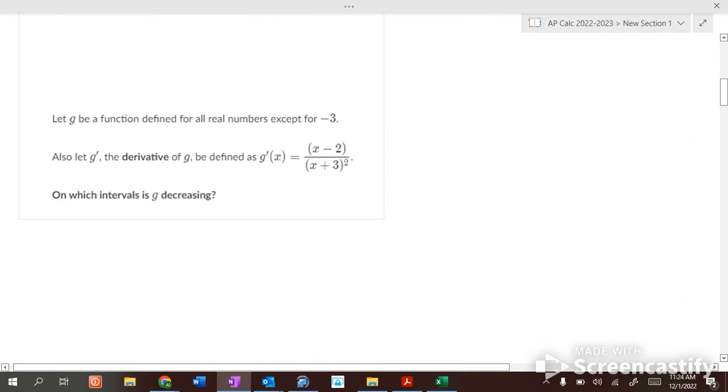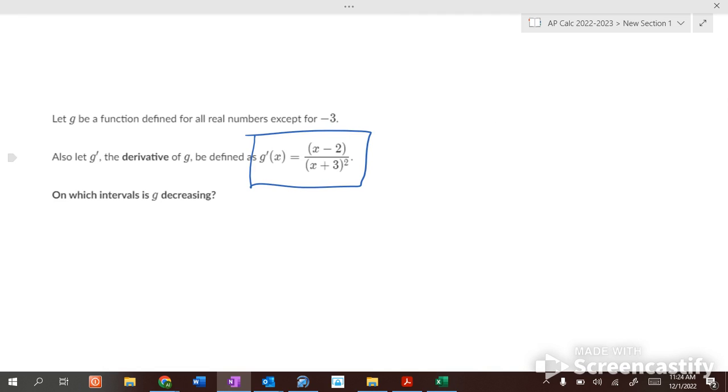And let's see what this one is. They already give us the first derivative. Where are the critical numbers at? If we set this equal to 0, multiply both sides by x plus 3 squared, x minus 2 equals 0. So the critical number is that x equals 2.